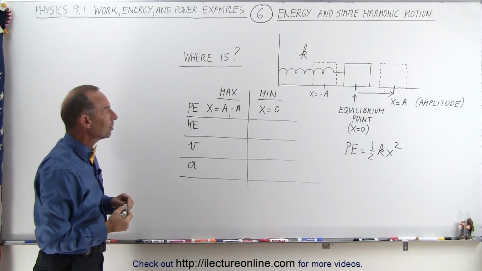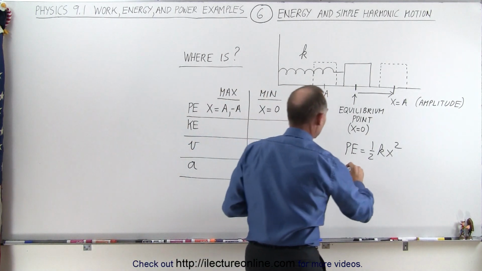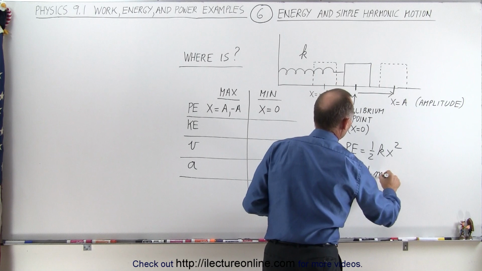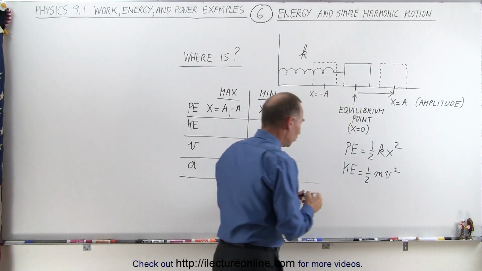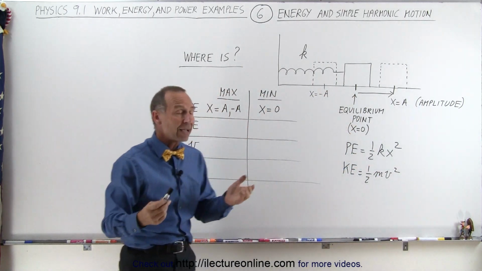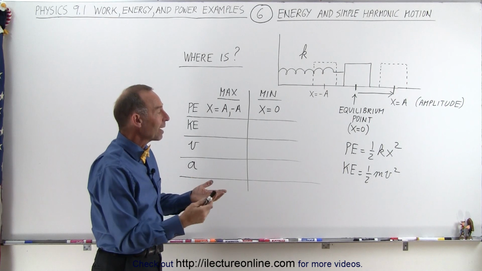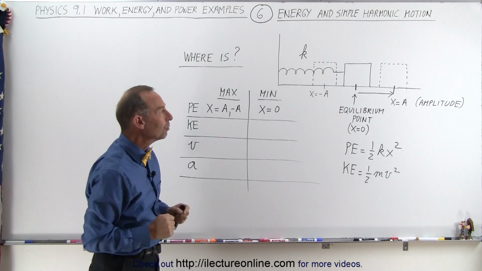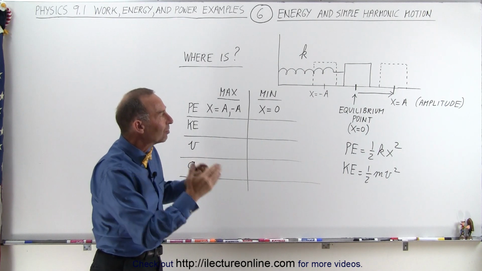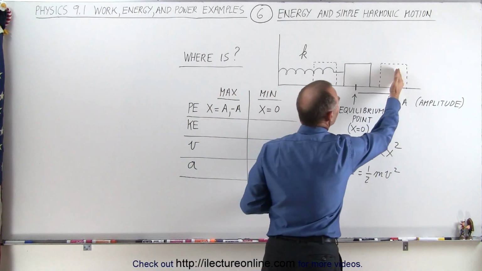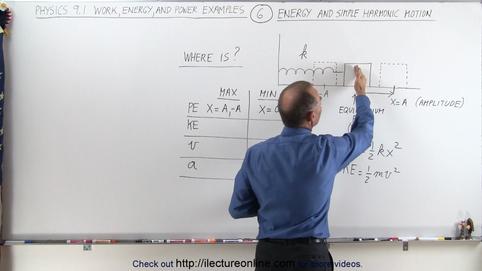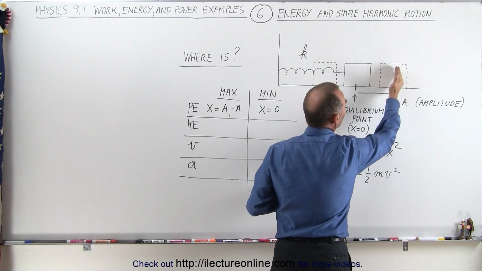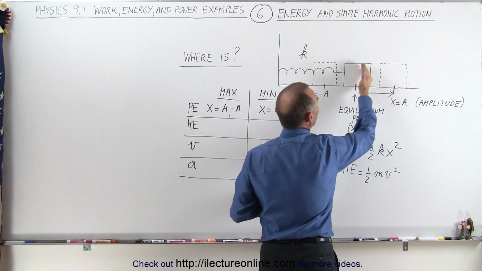What about kinetic energy? Well, the kinetic energy is defined as 1/2 mv squared. So the kinetic energy will be a maximum when the velocity is a maximum and a minimum when the velocity is a minimum. The velocity will be 0 when the object has reached its farthest point away from the equilibrium point, because the object will be moving to the right, slow down until it reaches that point, and then change direction.